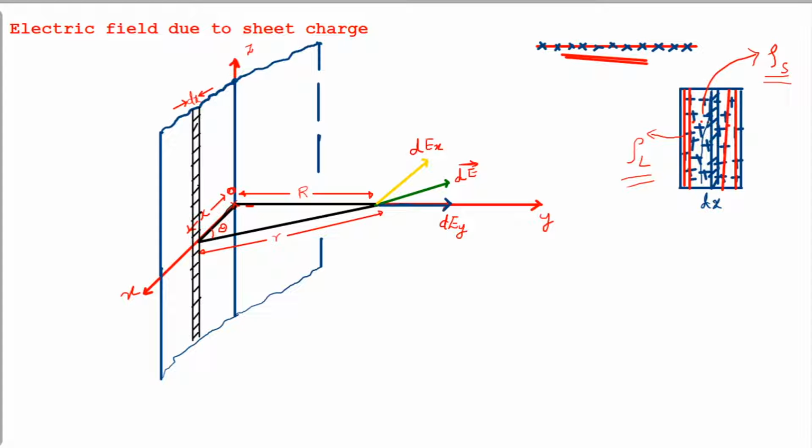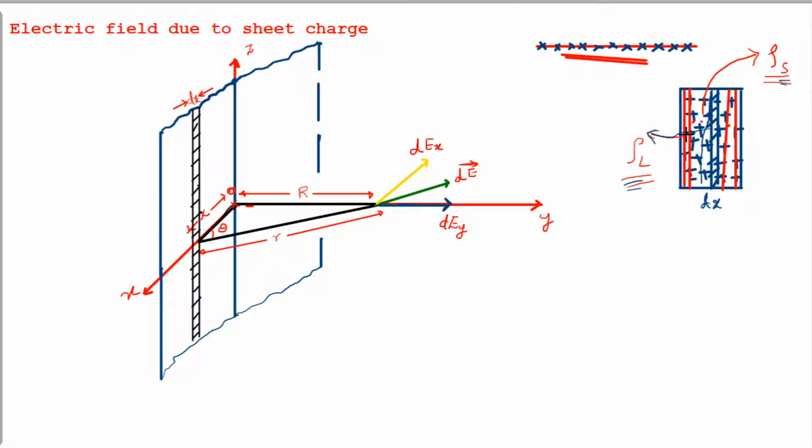If I consider the line charge density of this small width dx itself as rho, how can I relate rho and rho s is the question.